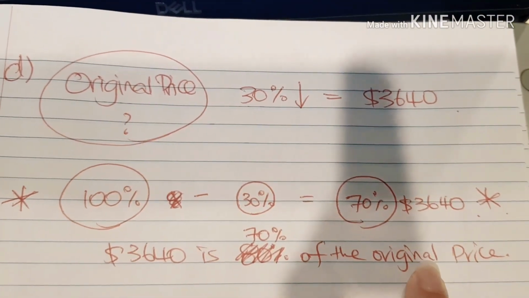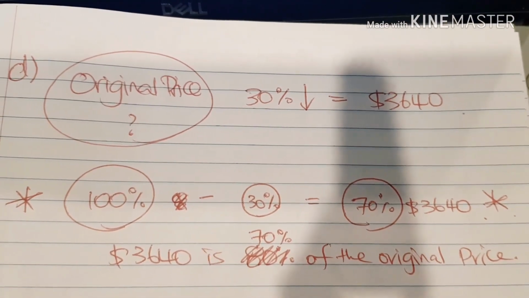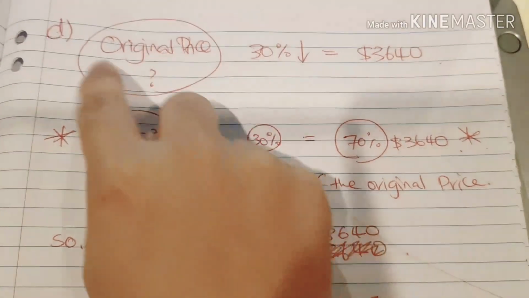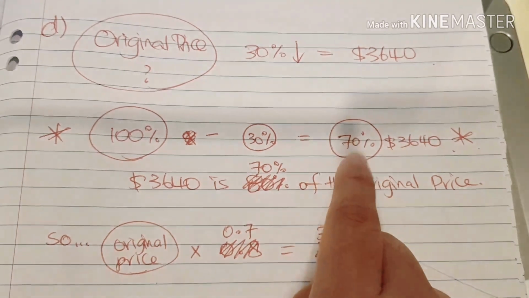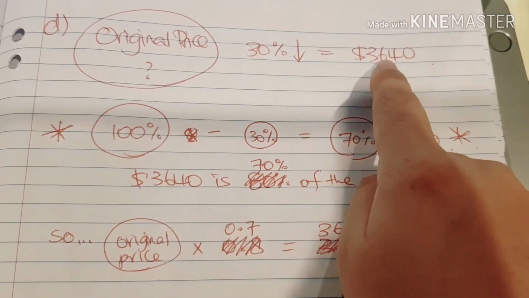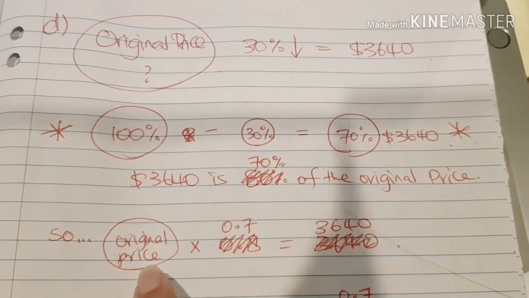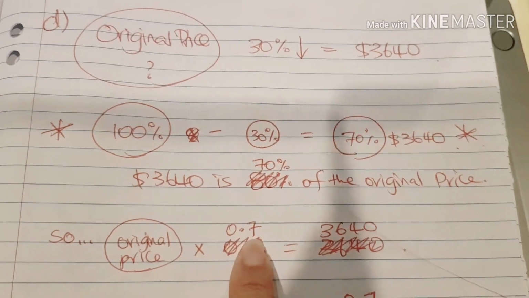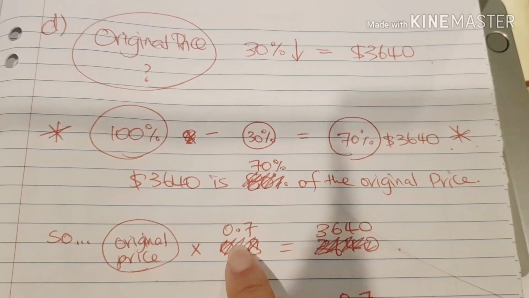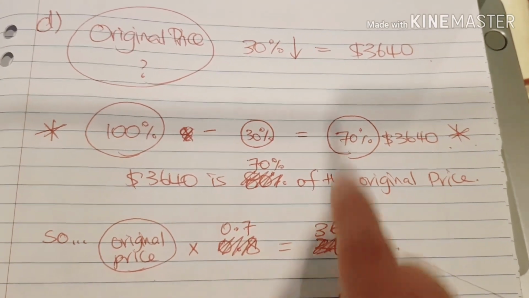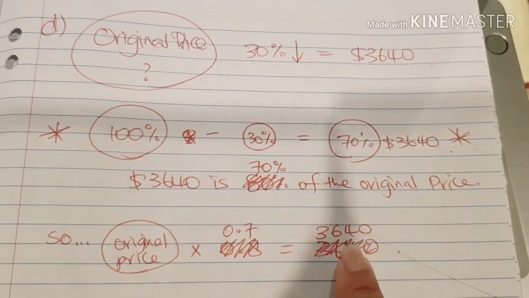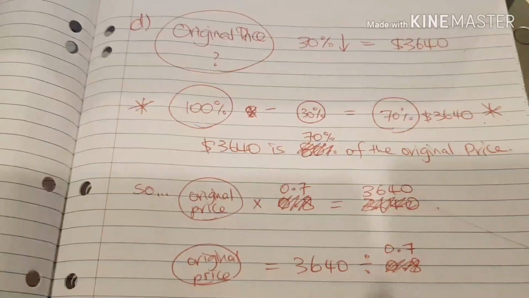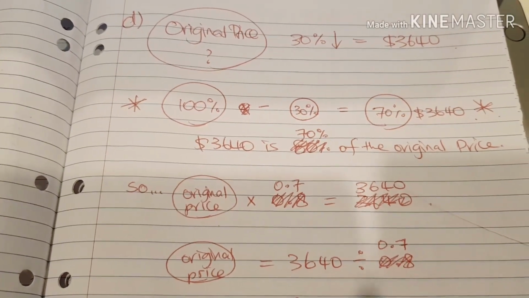Okay, so let's put this in the calculation. From the original price, 70% is this much, right? So original price times 0.7, which is 70% in decimal, is how much it was sold for, right? Okay, we need to do the algebra here.